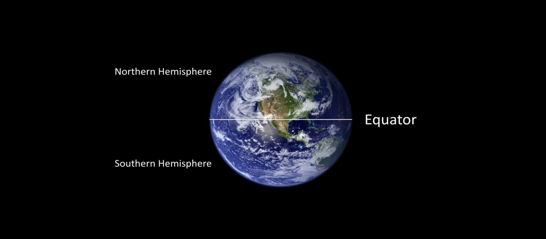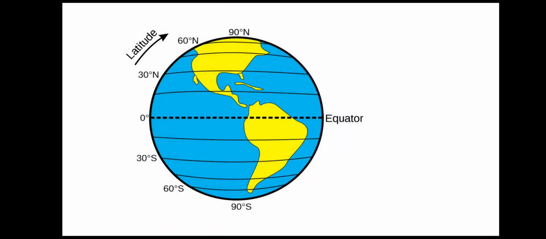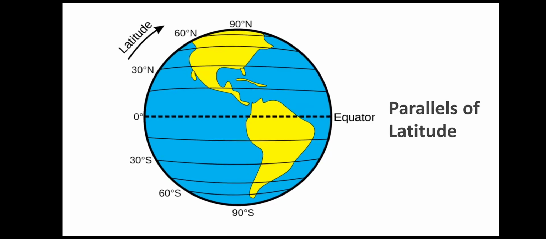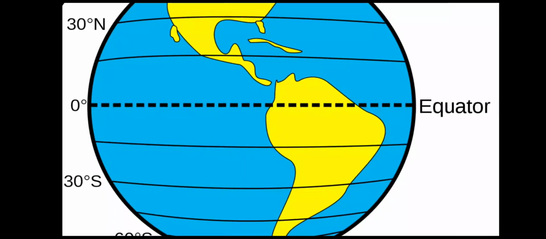All parallel circles from east to west are parallels of latitudes. These are measured in degrees. The equator represents the 0-degree latitude.